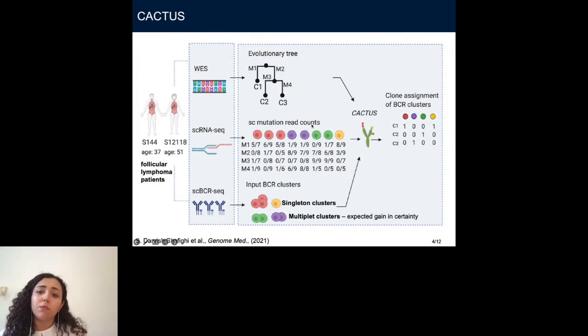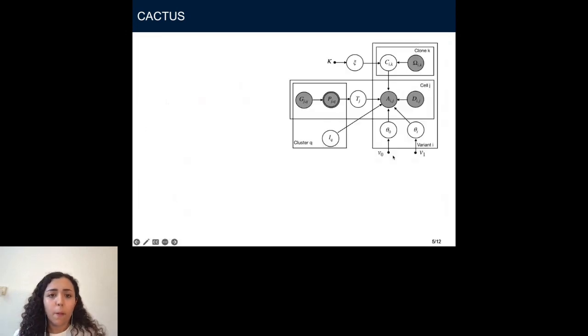Using these three types of data, we applied CACTUS, which is a probabilistic model, to infer a clonal assignment of the B-cell receptor clusters. And here you can see the assignment. The rows are corresponding to the clones and the columns are corresponding to the cells, and you can see the binary assignment here.